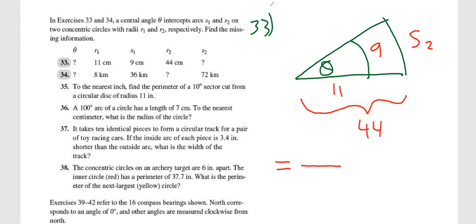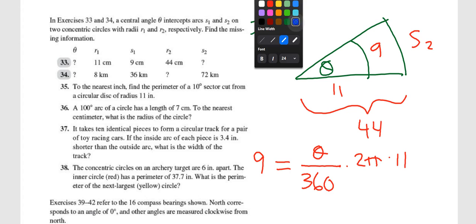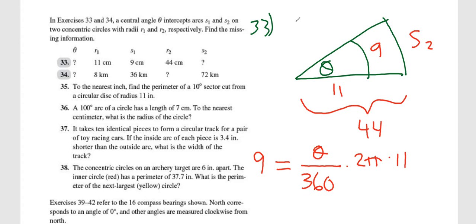It's good stuff, really. Okay, so theta over 360 times 2 pi times 11 equals 9. Okay, I'm using the first set of information to figure this out. All right. Any thoughts?